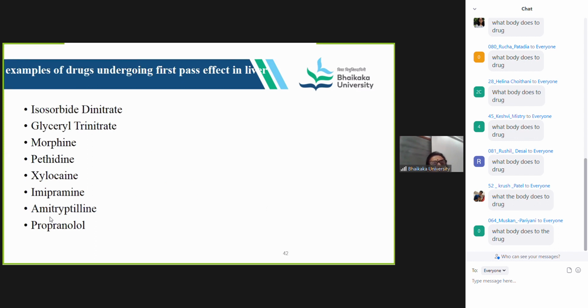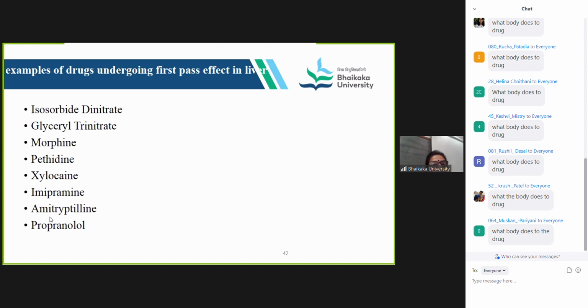There are certain drugs which undergo this first pass effect in the liver. So one has to change the route, or maybe increase the dose. These are some examples which I have written: nitrates, isosorbide dinitrate and glyceryl trinitrate; morphine and pethidine, which are opioids; xylocaine, one of the anesthetic agents; propranolol, a cardiovascular drug; and imipramine and amitriptyline, which are given in patients suffering from depression.